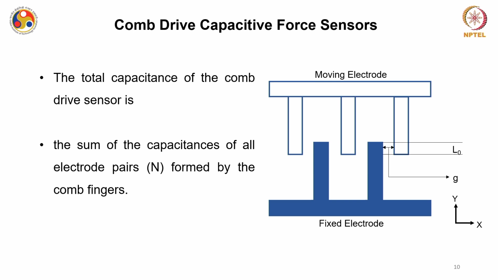Now, the total capacitance of the comb drive sensor is the sum of the capacitances of all electrode pairs formed by the comb fingers. Please note that I am not talking about individual electrode fingers, but I am talking about the number of pairs. So N is the number of electrode pairs.